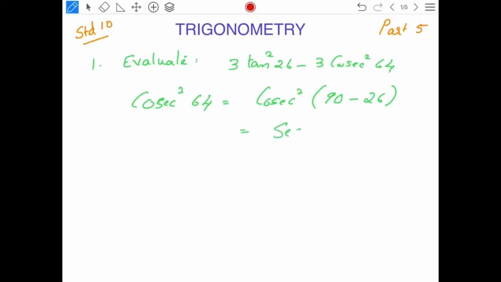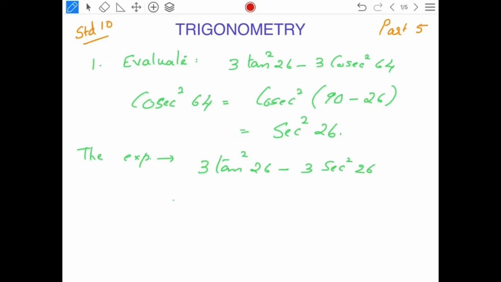So secant squared 26. Now the expression becomes 3 tan squared 26 minus 3 secant squared 26.